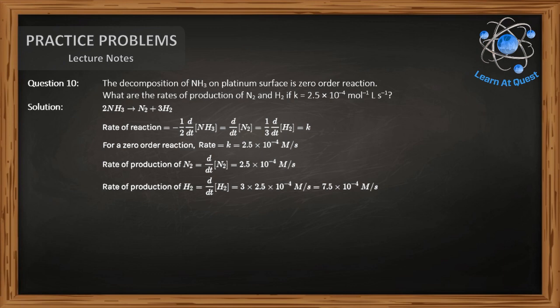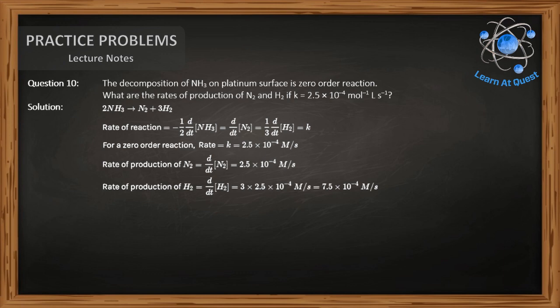Now that we have expressed the rate of a reaction using stoichiometry, let us also use the rate of reaction based on rate law of mass action. Now here it's given that the reaction is a zero order reaction. Therefore, we know that the exponents of the concentration term in the rate equation will be 0.